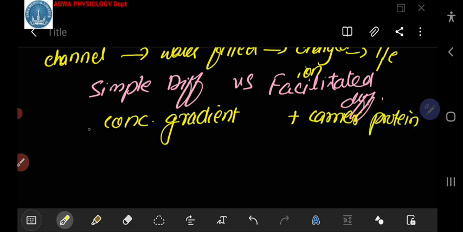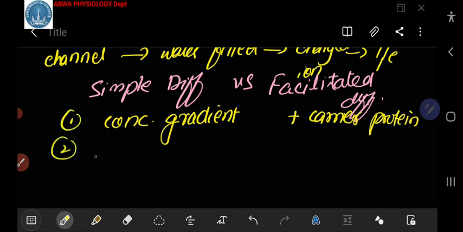You should at least know the basic difference between simple diffusion and facilitated diffusion, so you can attempt a question for 1 mark or 2 marks in your annual exam and in your practicals. This is number one, this is number two.